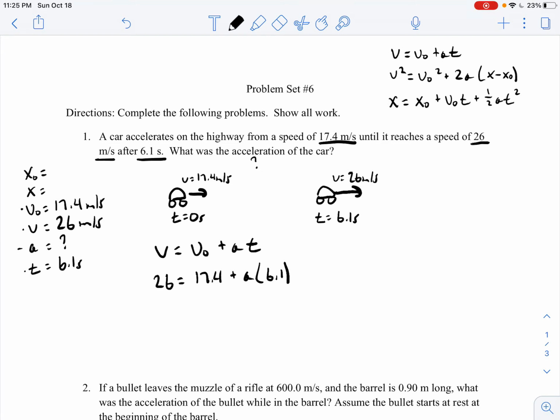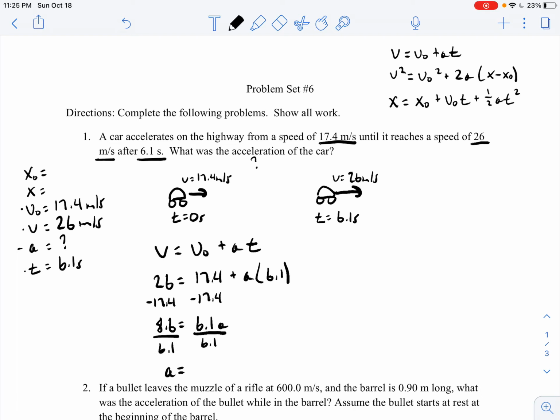As we work through the algebra, first I'm going to subtract 17.4 from both sides. 26 minus 17.4 gives us 8.6, which is equal to 6.1a.